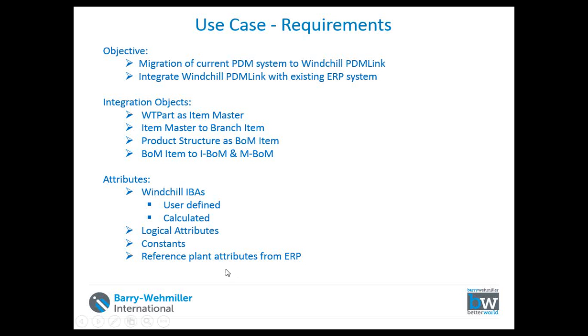So in the case of changed parts, when we are sending back to the ERP, we have to refer to whatever attributes were modified on the ERP side. We have to make sure those values are also retained for changed parts when we are integrating with the ERP system.